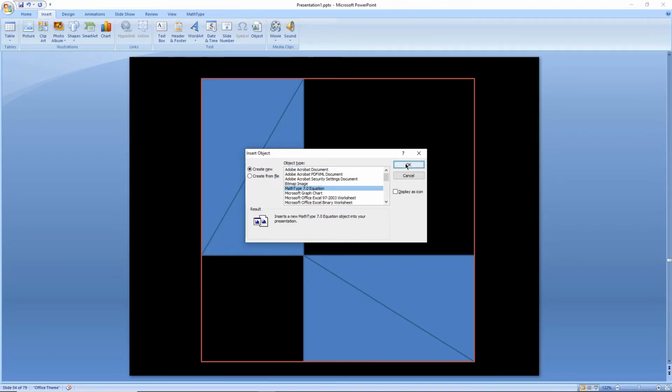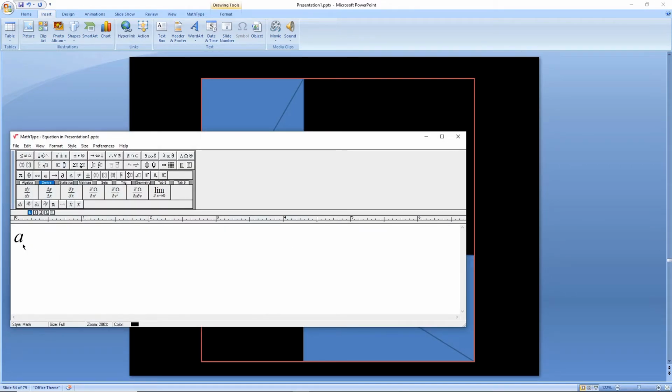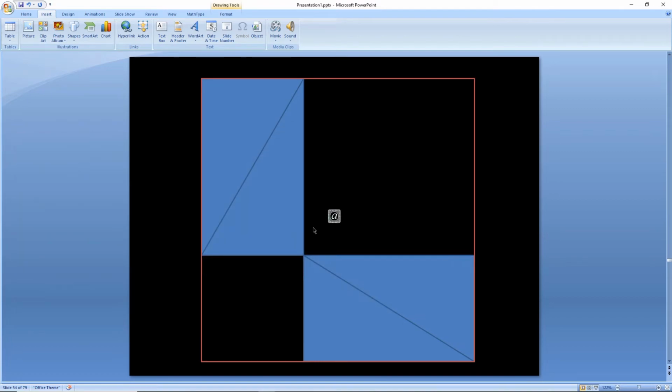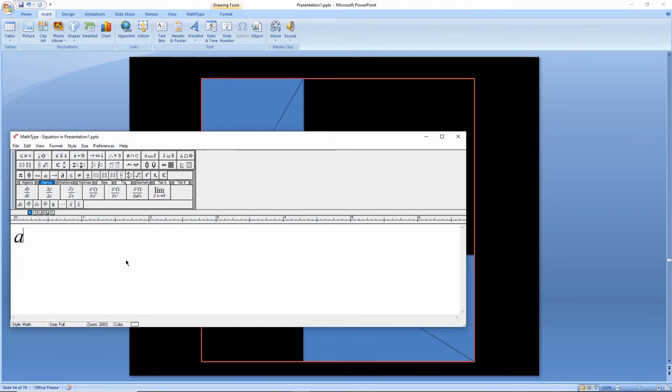Now, if you look, this is side A. This part of the right triangle, we labeled as side A. Which means then the area of this black square must be A squared.